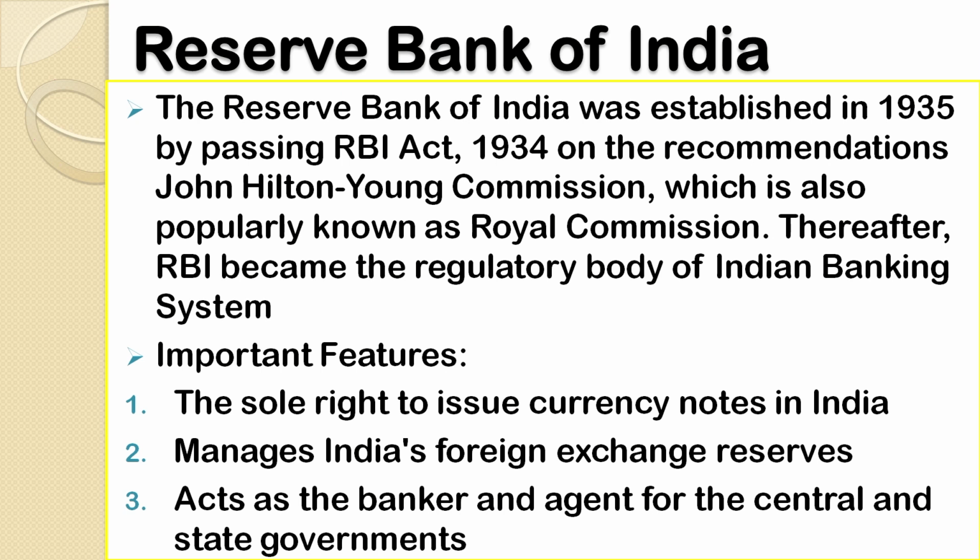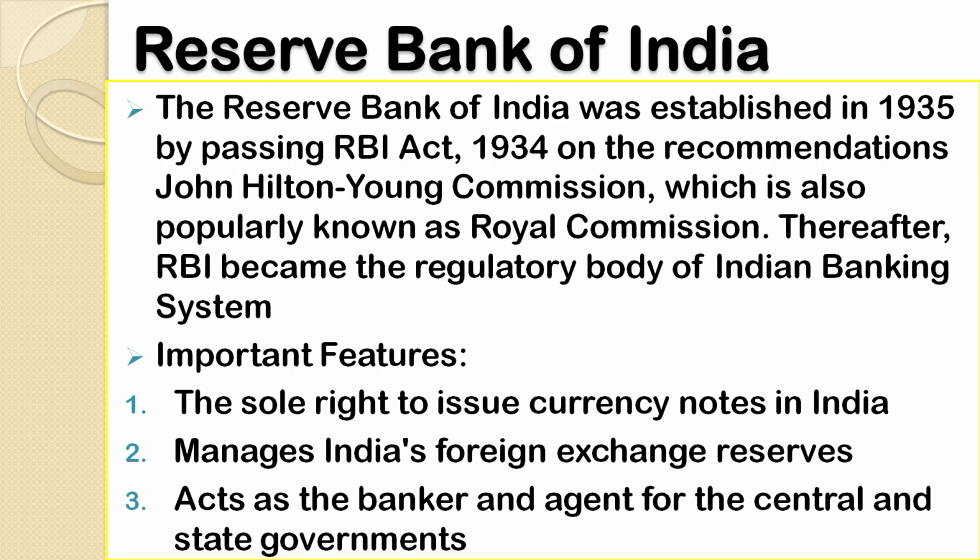Soon after its establishment, RBI had certain features and autonomies. Point number one, it had the autonomy to issue currency notes in our country. It acts as the agent of our central government and of our state governments.